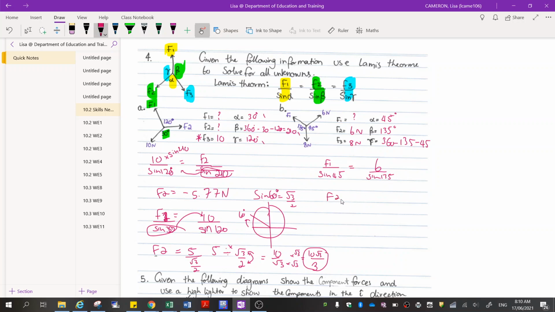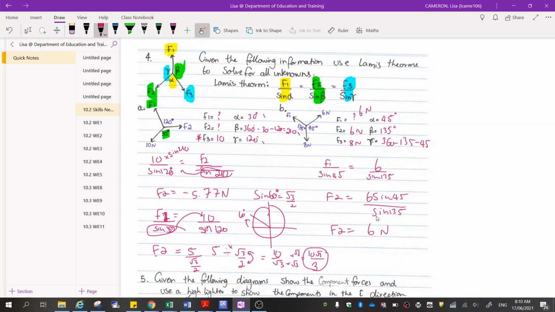Okay, I'm not going to bother doing this with exact values. You could try that as a little extension for yourselves. I'm just going to chuck it straight in the calculator like this and get my F2 force. Okay, and that gives me a good old answer of 6 newtons. So this one up here is 6 newtons.